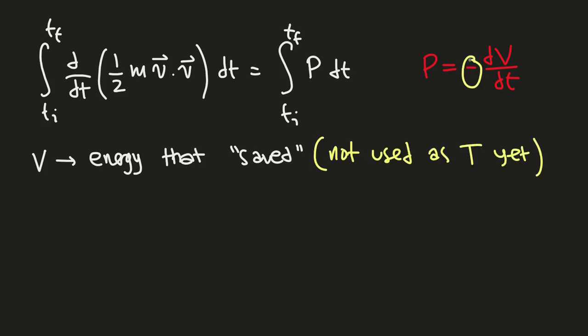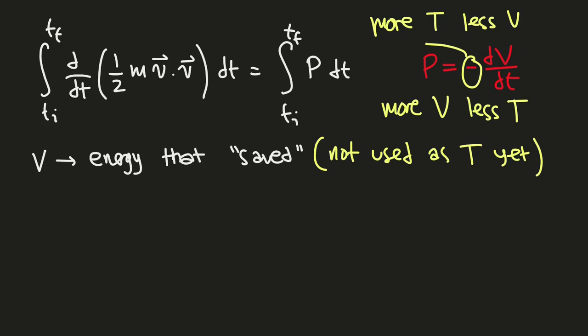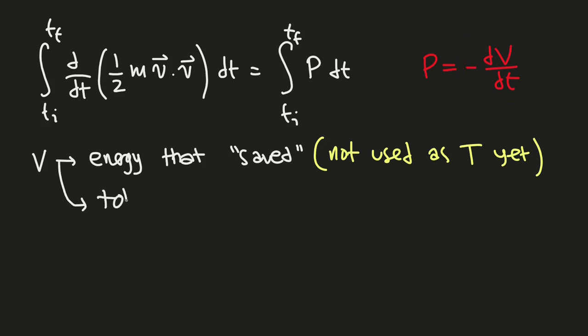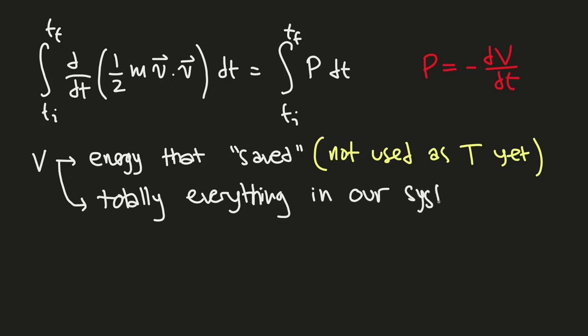I put a minus sign here because if we have more T, then we have less V capital, and if we have more V capital, we have less T, and so on. So V capital describes totally everything in our system.